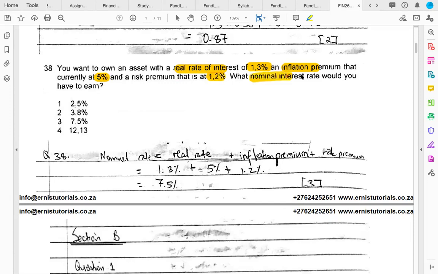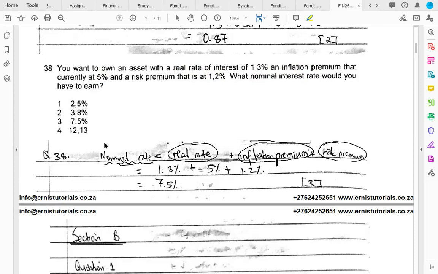What is the nominal interest rate? Remember, our nominal interest rate is made up of 3 parts. Our nominal interest rate is made up of the real rate plus the inflation premium plus the risk premium.